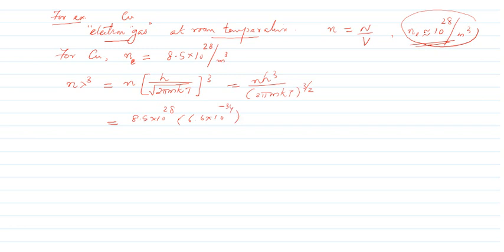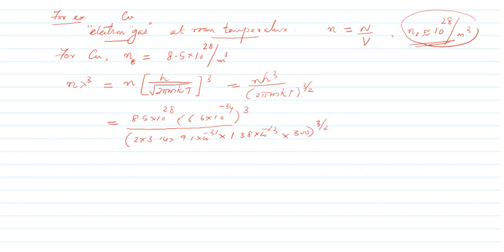So that whole cube divided by 2 into 3.14 into mass of the electron, 9.1 into 10 to the power minus 31 kilogram. എല്ലാം SI യിൽ സബ്സ്റ്റിറ്റ്യൂട്ട് ചെയ്യാം. kB യുടെ വാല്യൂ 1.38 into 10 to the power minus 23 ആണ്. റൂം ടെമ്പറേച്ചർ 300 കെൽവിൻ എടുത്തോളൂ. So into 300 kelvin raised to 3/2.